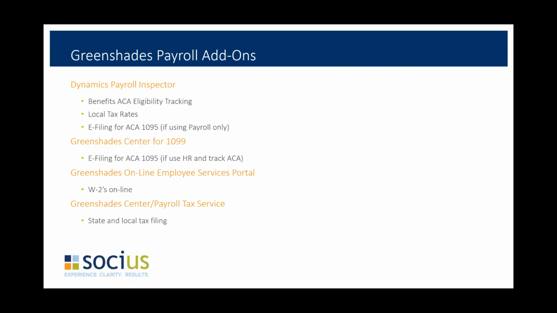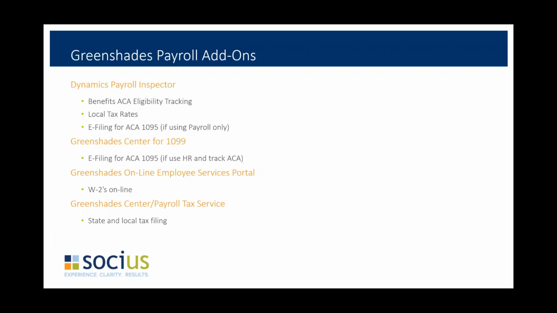However, it's not monitoring and tracking eligibility for your employees. It's simply you mark them as eligible or not, and it can then produce a form at the end of the year. And as best I can tell, there are no intentions for that to be added into GP in the near future. This tool can also be very useful in regards to updating local tax rates, and it provides you the ability to e-file the ACA 1095 if you're using payroll only.